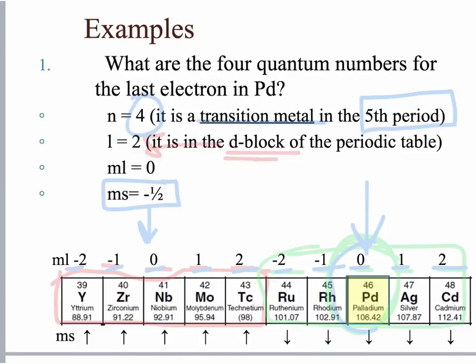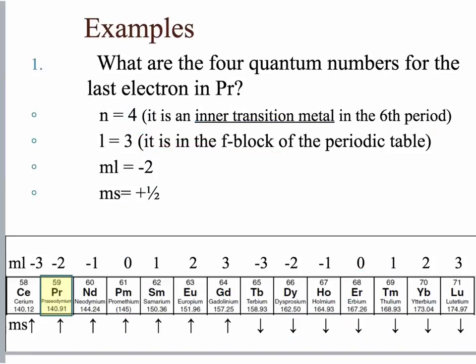So palladium falls right there. Palladium is in an orbital with niobium. Palladium and niobium share an orbital together. They have the same N, the same L, the same M sub L. It's just that palladium has an electron that's spinning down, while niobium has an electron that's spinning up.